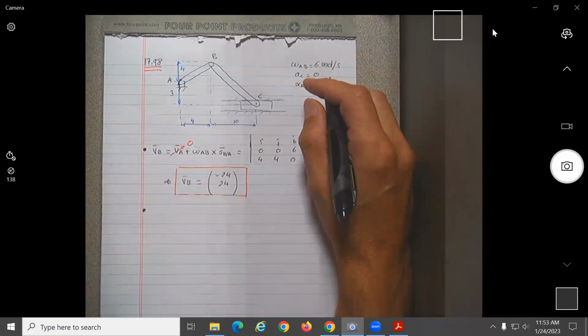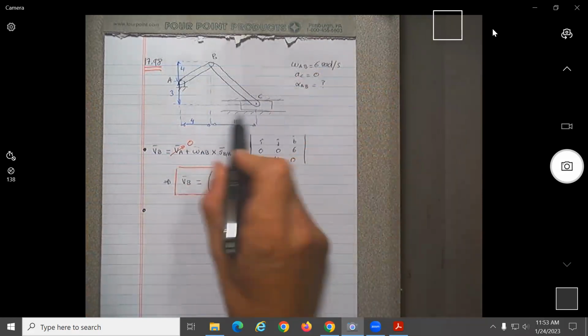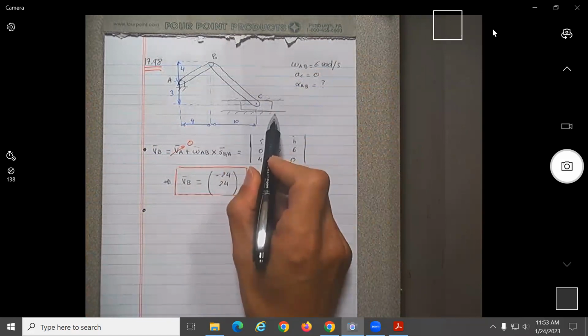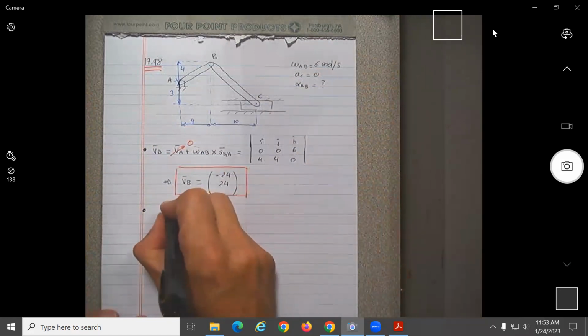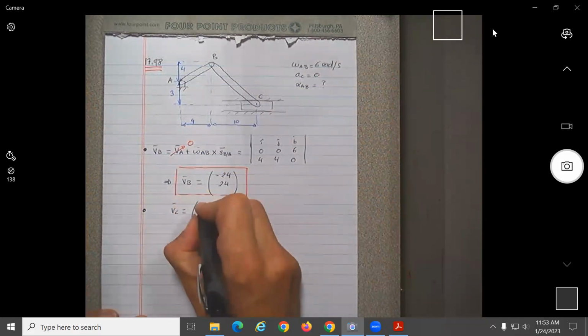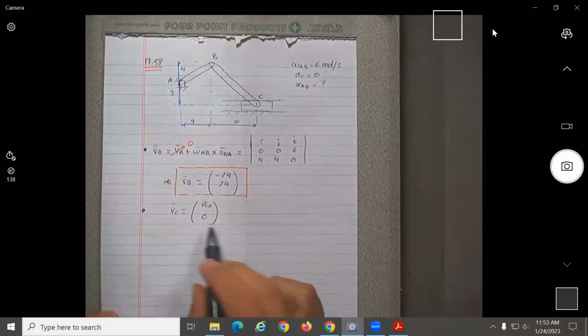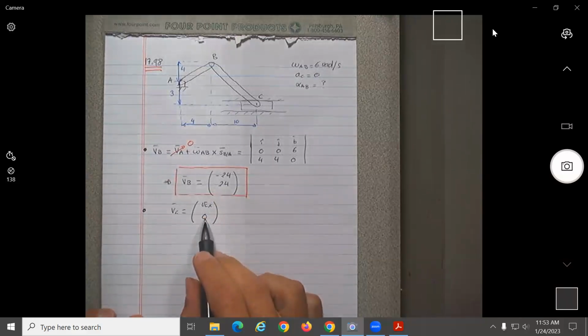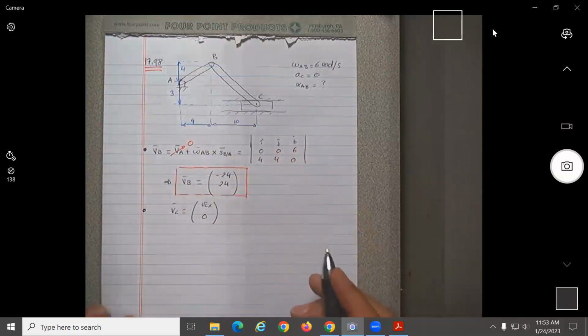C only moves on X. Correct, on the x-axis, because it's a slider, this is forced to only move on the X, no? Yes. So if you look here, we could say VC will be equal to VCX and 0. Do you understand this? It's because it's forced to just move on the X, no? Yeah. Okay.